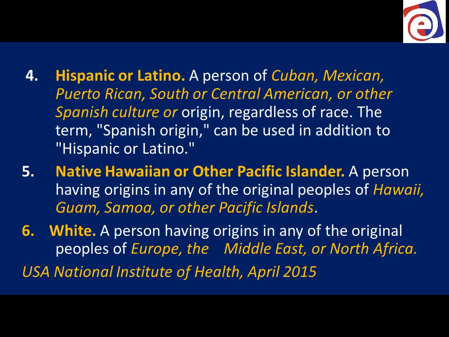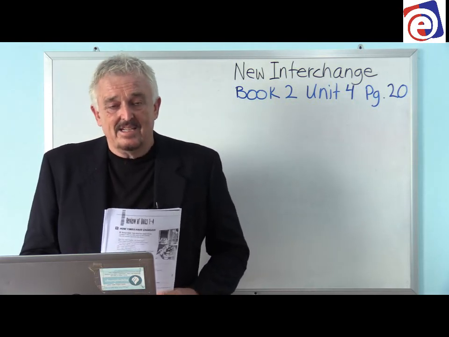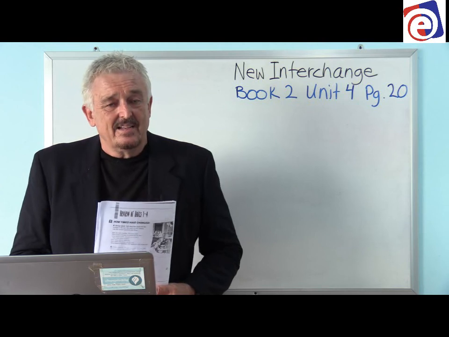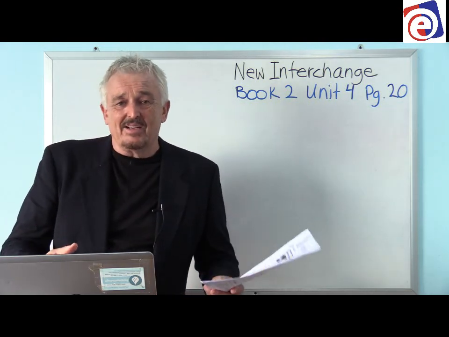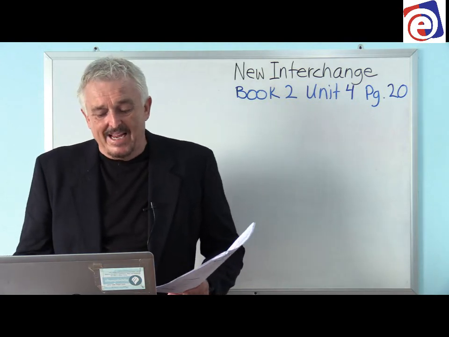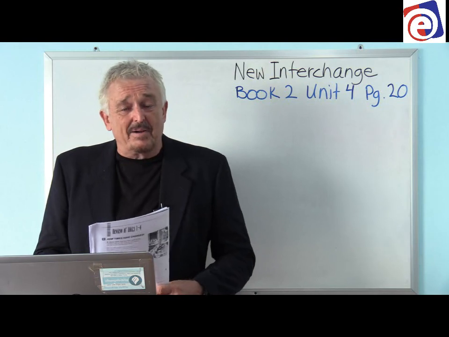All right, so say it after me. White, the white ethnic group. A person having origins in any of the original peoples of Europe, the Middle East, or North Africa. And so these are considered the white ethnic group. Americans, Canadians, Europeans, even people from the Middle East or North Africa, apparently.